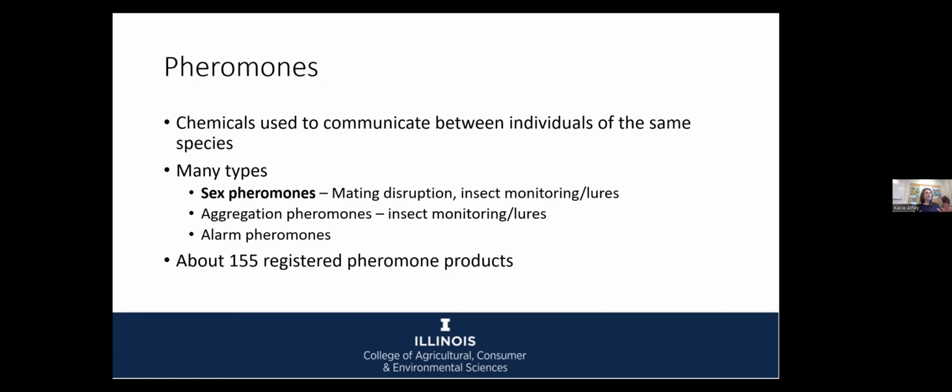You don't really need to worry about the other types, but I did want to mention that there are other types of pheromones that we do use in insect monitoring as well. But generally speaking, you're using the sex pheromones. Last time I looked this up, there are about 155 registered pheromone products out there. So there are a lot of pests we can monitor this way.